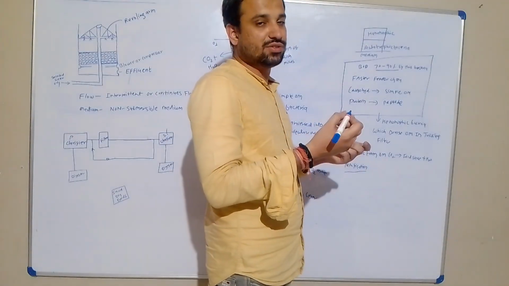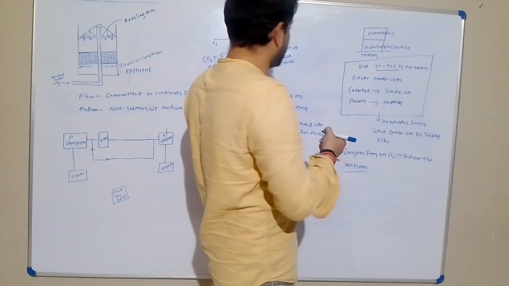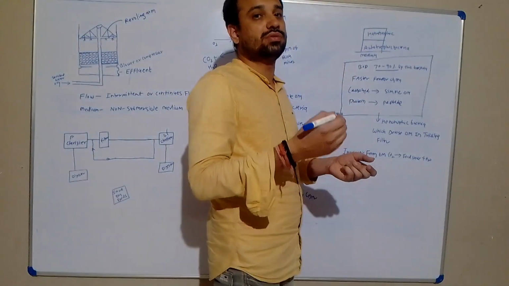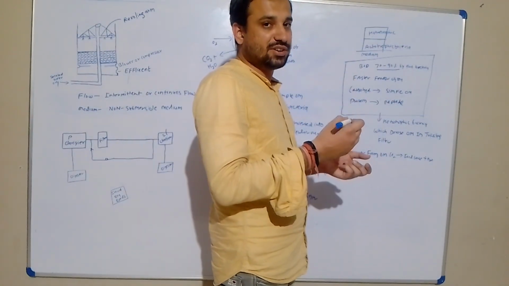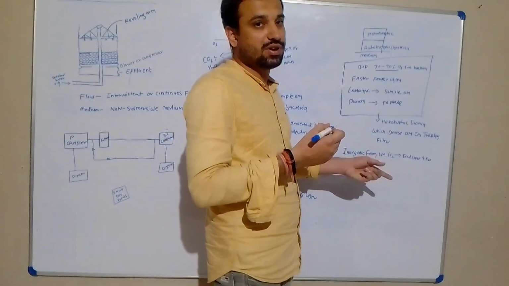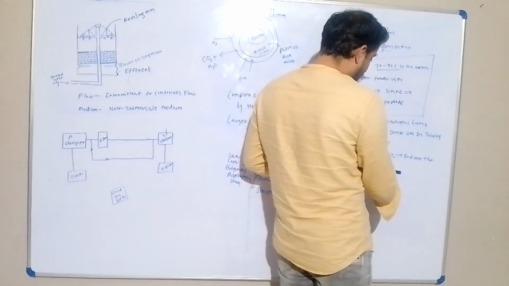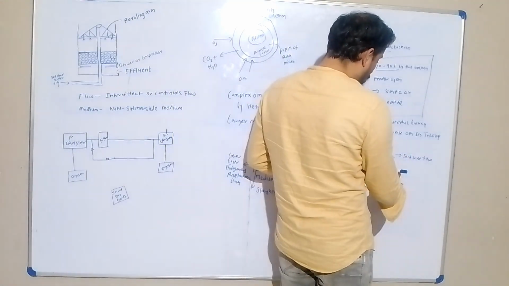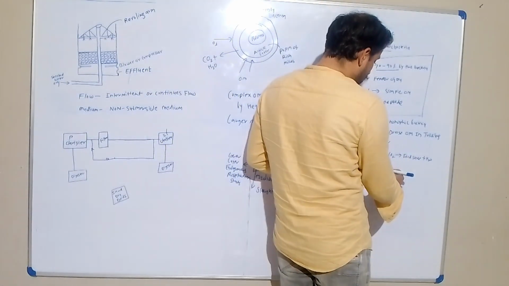This is the process available in the trickling filter. So the wastewater is treated to the nitrate level in the biomass layer by the autotrophic bacteria.